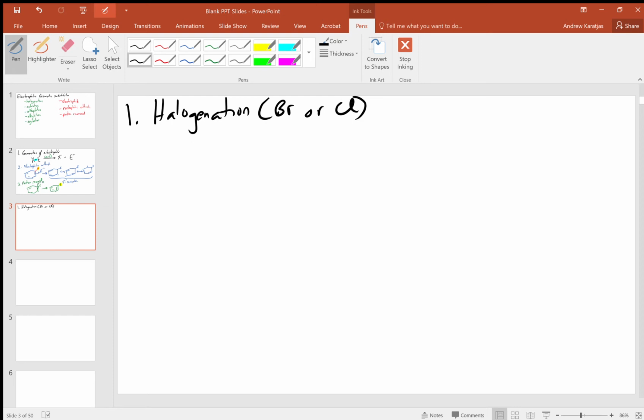Iodine is not reactive enough, and doesn't work for fluorine either, because fluorine is too reactive. But after we show sort of this basic mechanism for halogenation with bromine and chlorine, we'll show some alternative conditions that can be used for iodine or for fluorine.